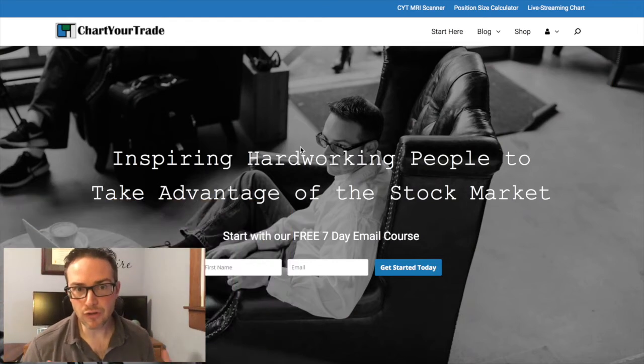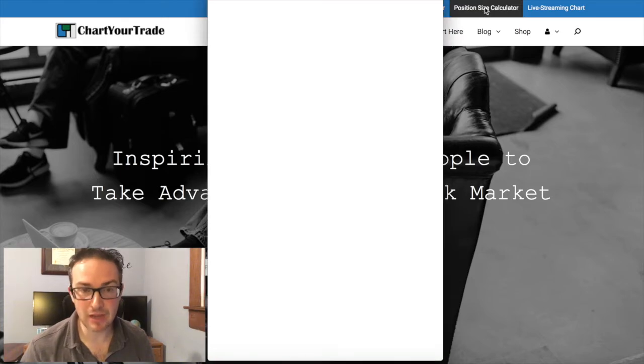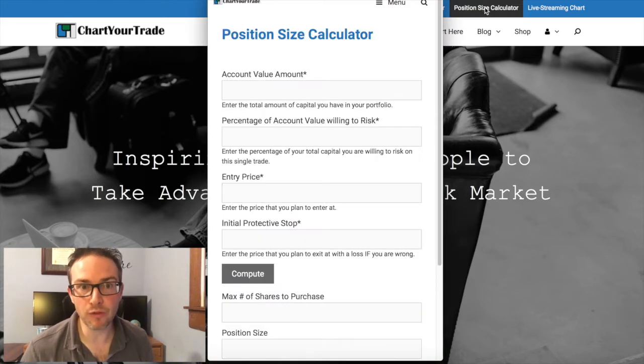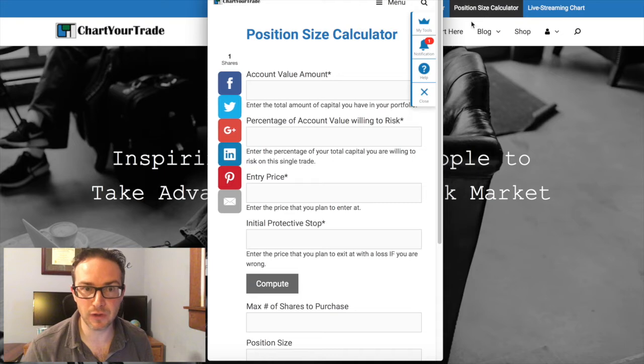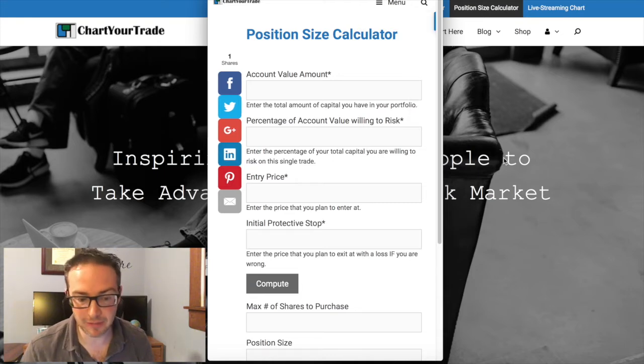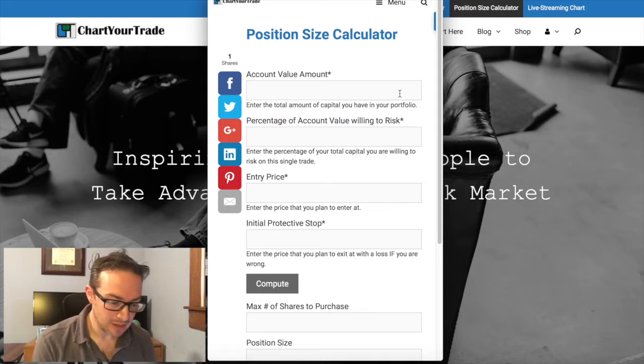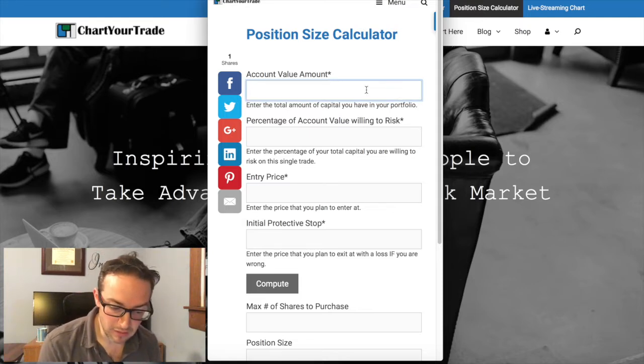So here we are on ChartYourTrade.com, and the position size calculator is right here at the top of the page. This works on mobile as well, so feel free to use it on your phone or on your tablet. It opens right up, and let's go through it.